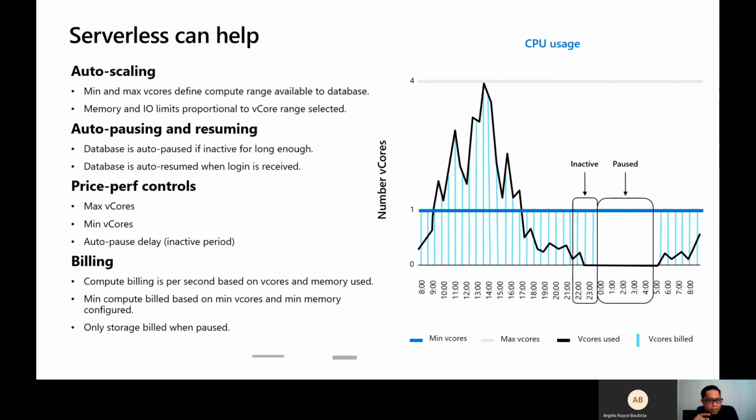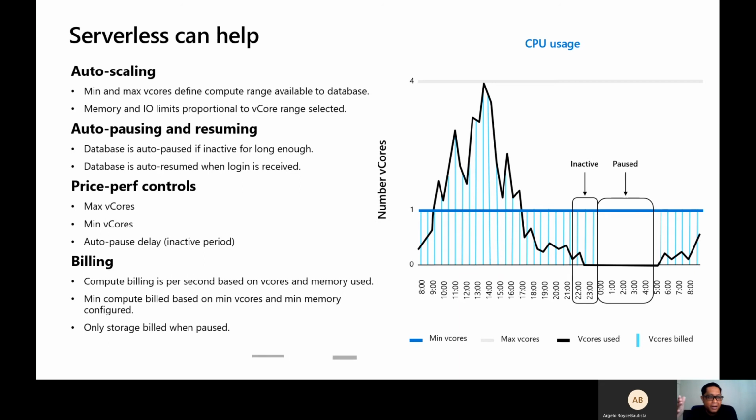And then as your load creeps up, for example, there's more transactions, more queries coming in, what happens is as the demand for the workload increases, the number of CPUs also increases. So your resources also go up, the resources available for you, until you hit your max CPU that you set.